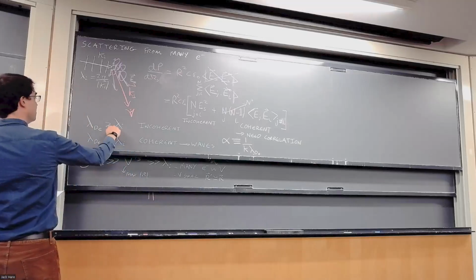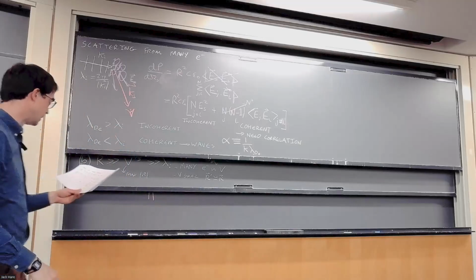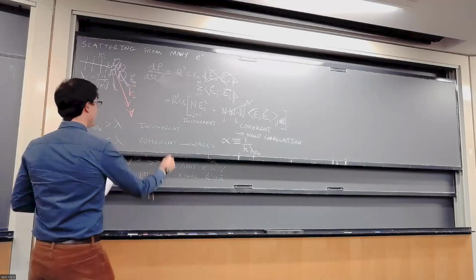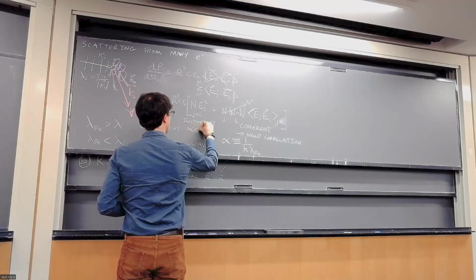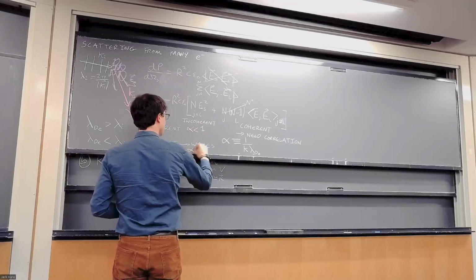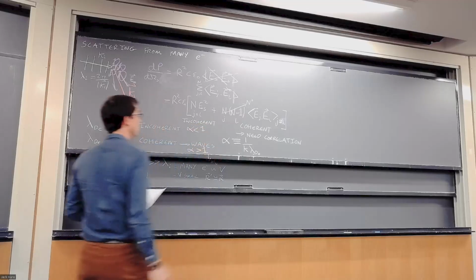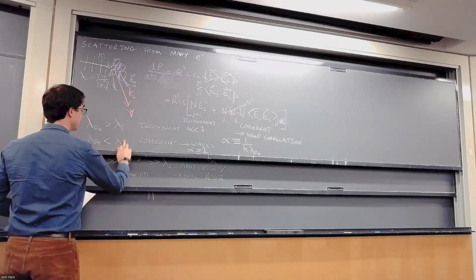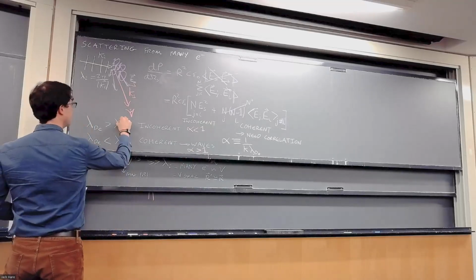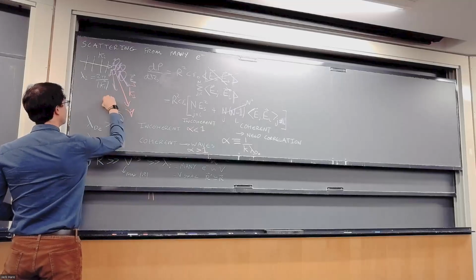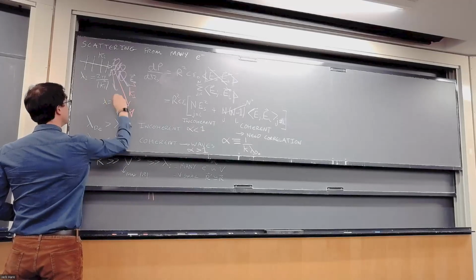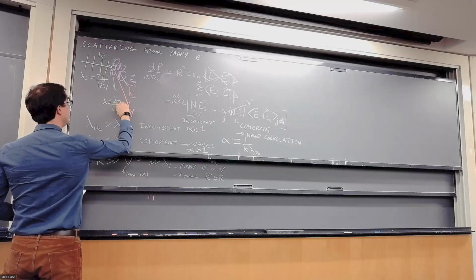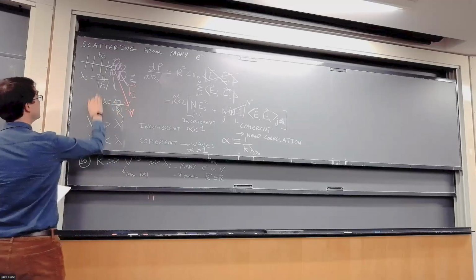Kind of fibbed here, we'll get back to that in a moment. If alpha is less than 1, you're in the incoherent regime. If alpha is greater than 1, you're in the coherent regime. This shouldn't have been lambda I, it should have just been lambda, and this lambda here is 2 pi upon k, where k is ks minus ki.